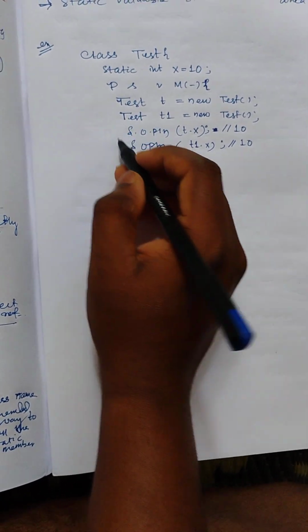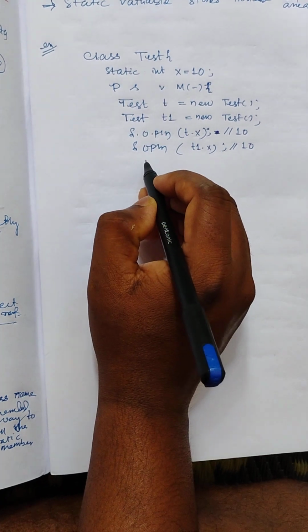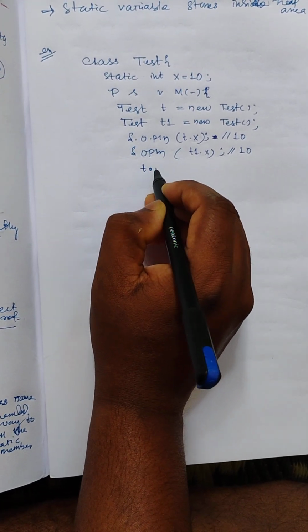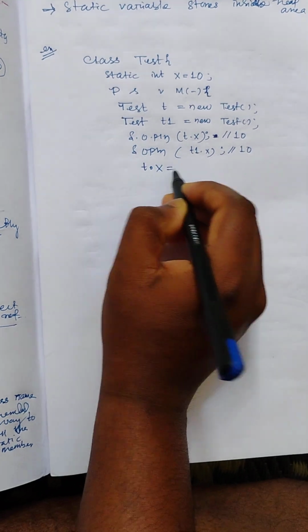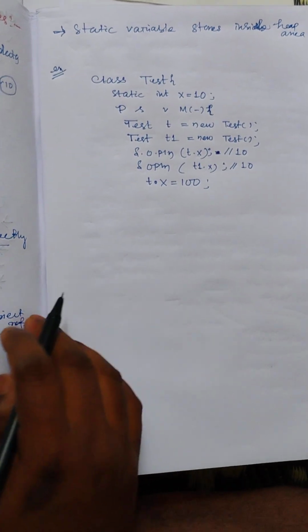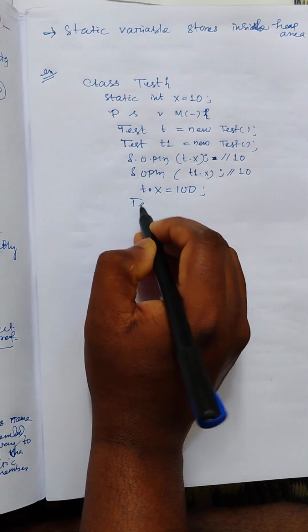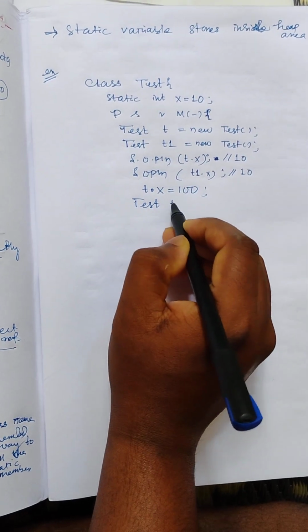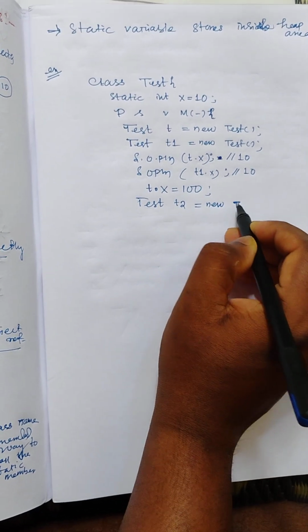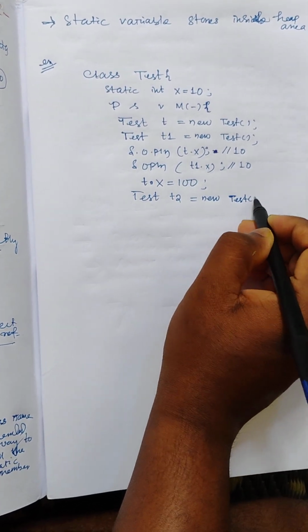Suppose I change the variable value, t.x, I will change it to 100. After changing, I will create another object: test t2 equal to new test.